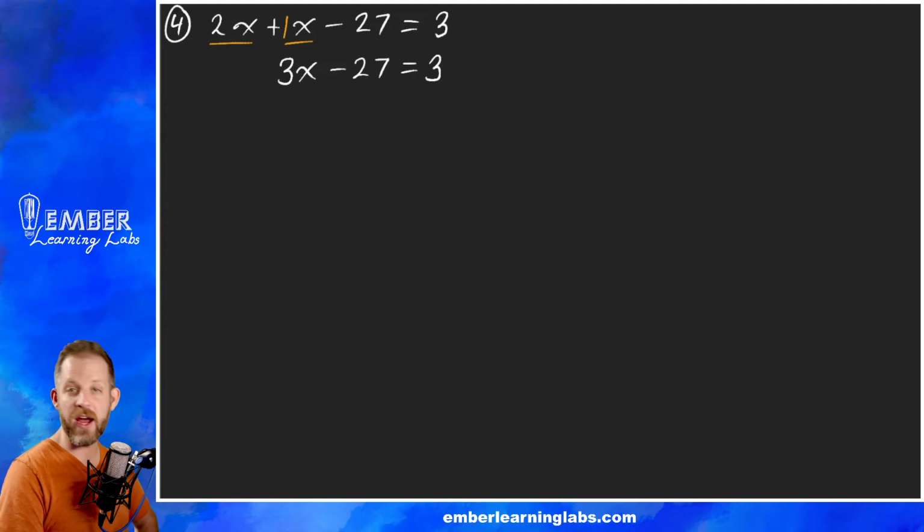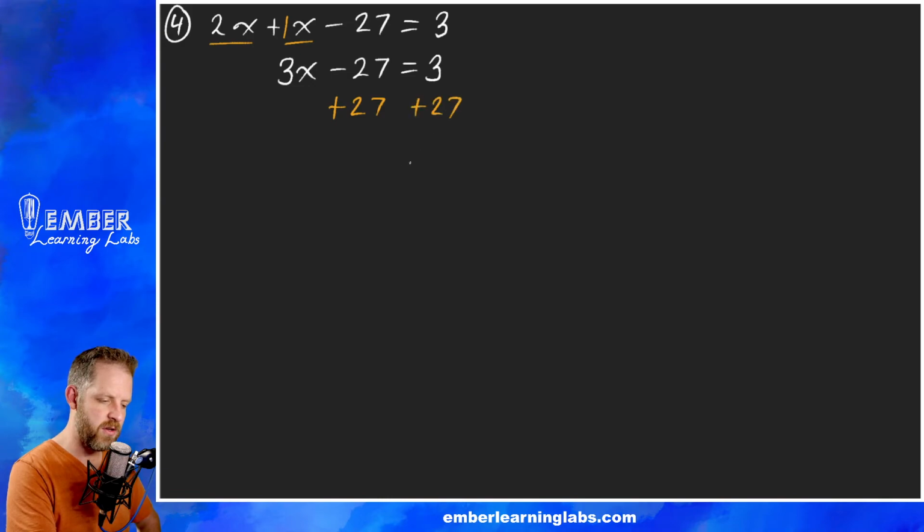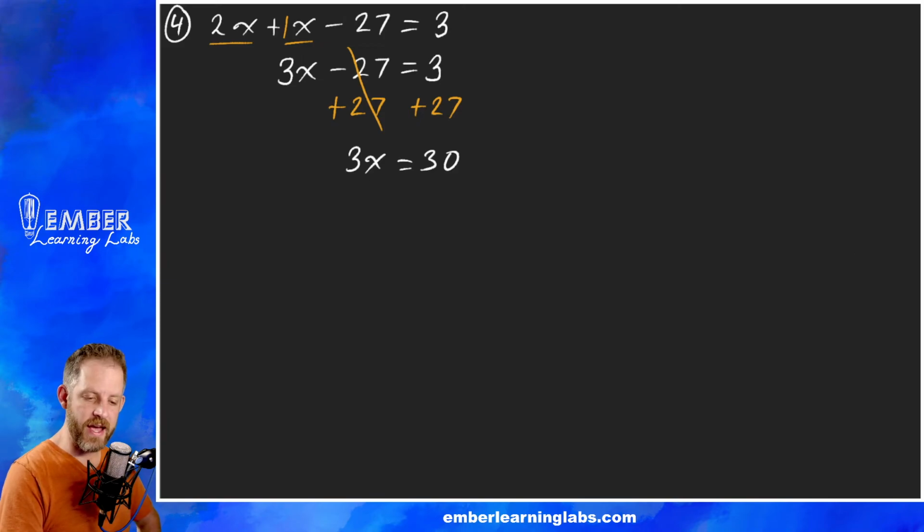We're going to get rid of the subtraction first because that's usually easier. So we're going to add 27 to both sides. Those 27s cancel, leaving us with 3x equals 30. That 3 is multiplied onto the x, so to get rid of it, we're going to divide 3 on both sides. So we end up with x equals 10.